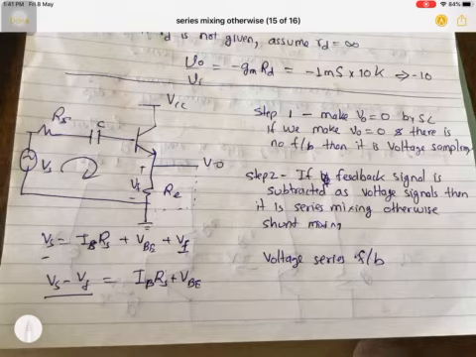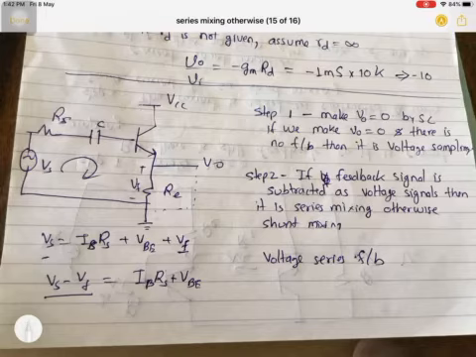If it doesn't change to zero, then it is current sampling. So when we make V0 equal to 0, the voltage across this resistor will be 0, Vf will become 0. It means it is voltage sampling.